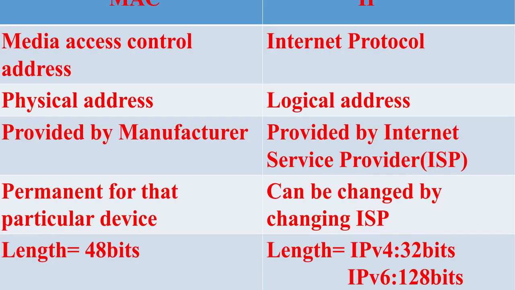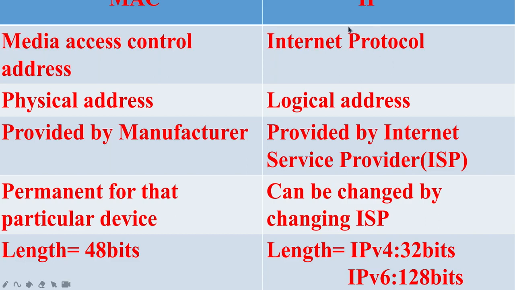MAC simply means media access control, and IP means internet protocol. The MAC is a physical address which is provided by a manufacturer. That means this address exists in reality, given by the company.